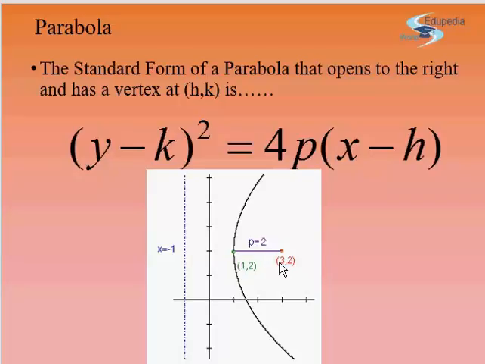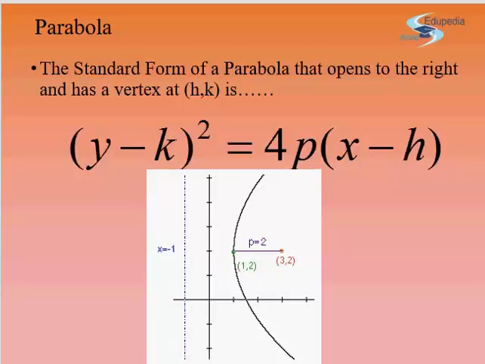We talked about 3 comma 2 being the focus. So h over here is 1, p we know is 2, so the focus is 3 comma 2. This is how you find out the focus. You need the value of p, you need the value of h and k, only h basically, but if you have k, then you can find both the coordinates of the focus, and then you have 3 comma 2.